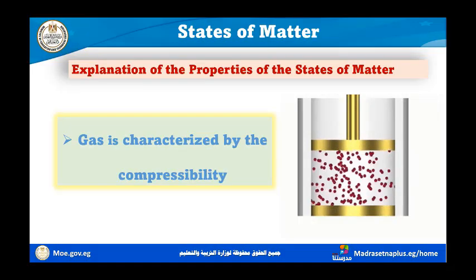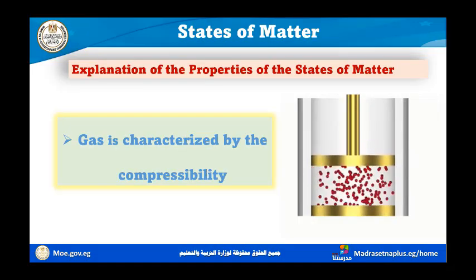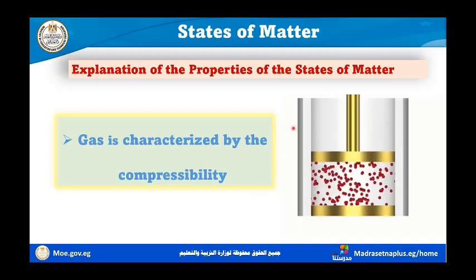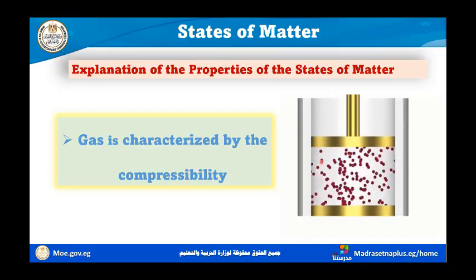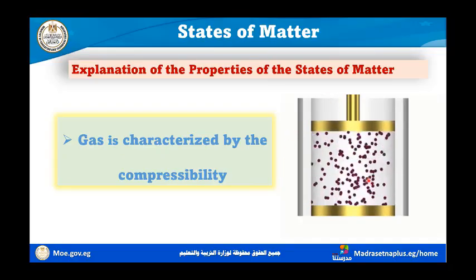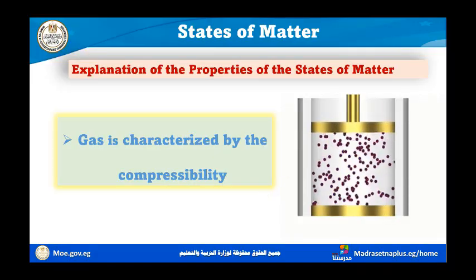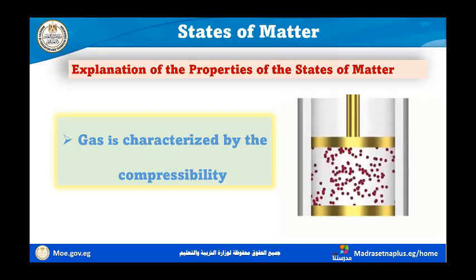Also, we have learned in our previous session that gas is characterized by compressibility, and so when we press the piston, the particles of gaseous materials become very close to each other and the volume decreases.